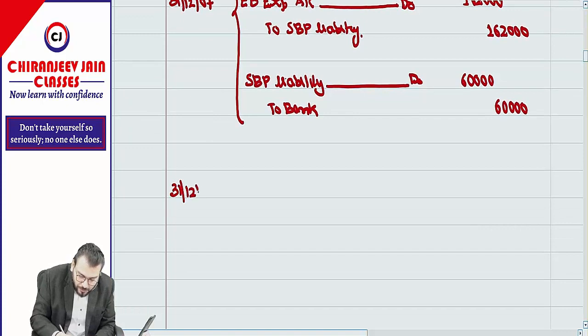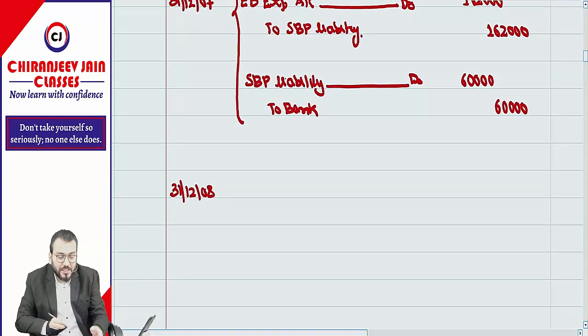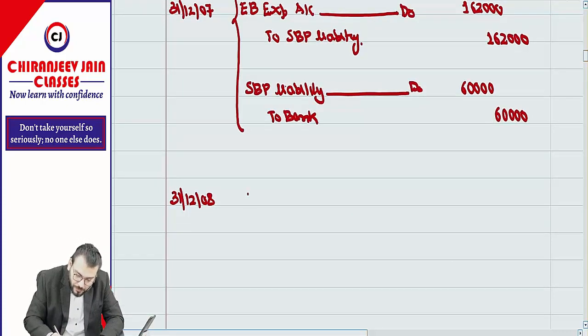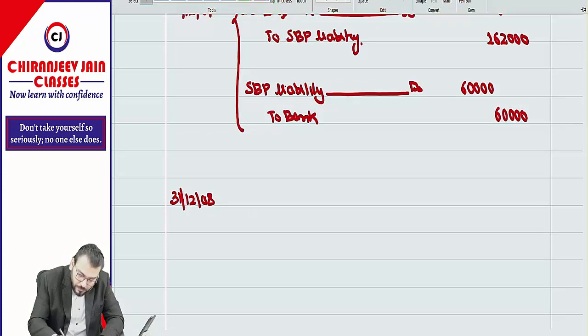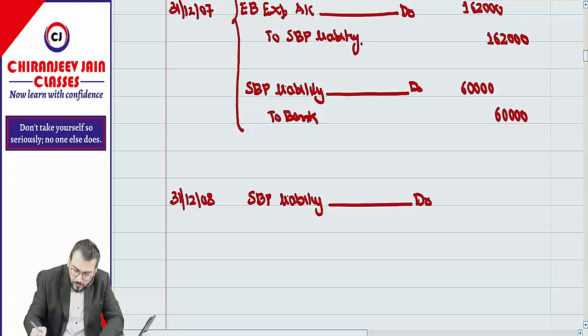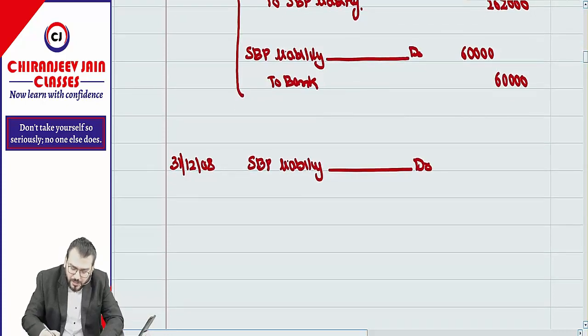Then 31st December 2008. So there is a reduction of expense. What journal entry will we do? Batao. Journal entry will be SBP liability account debit, or a compound journal entry you can also do.